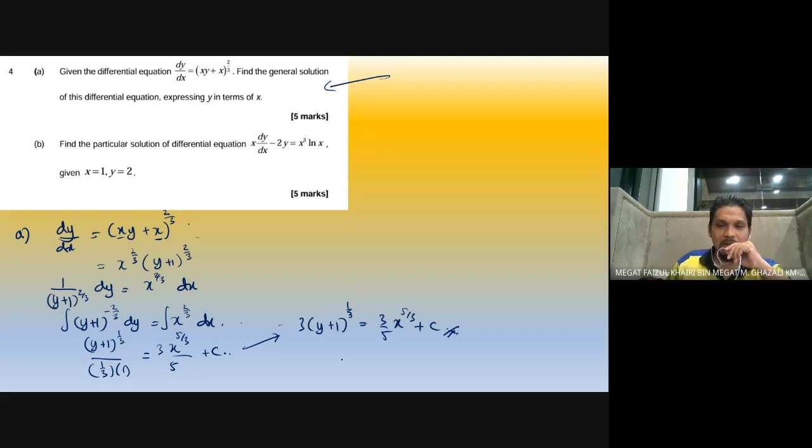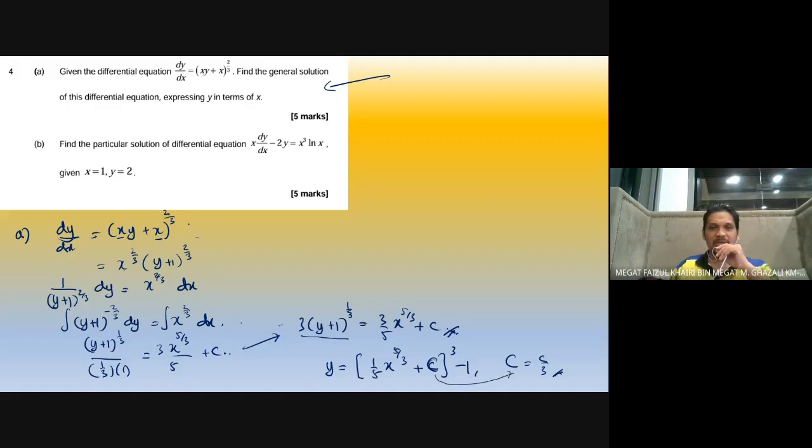We want this equation in the form of y equal to f(x). What we have here right now is 3 times y plus 1 power of 1 over 3. So change it one by one until you get exactly in this form. y equal to 1 over 5 x power of 5 over 3 plus c, power of 3 minus 1, where this capital C is c over 3. There you go.